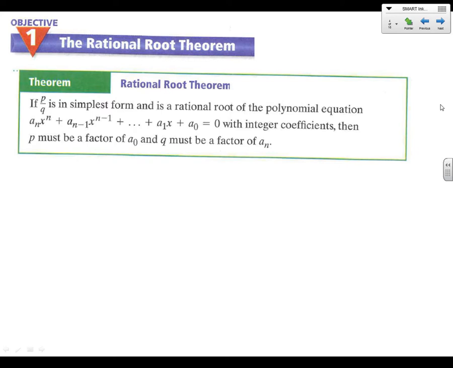All right, rational root theorem. So what we're looking at here, this is a complicated way of saying, take the factors of your constant term, all the factors. And we're going to list those out, and we're going to call those P. So P is the factors of the constant term, which we call the trailing term.